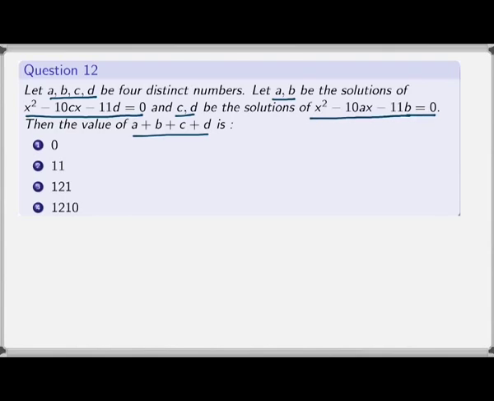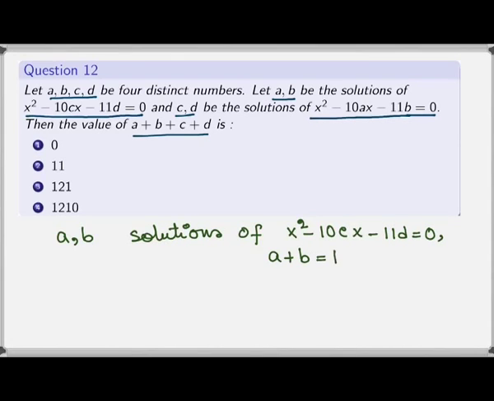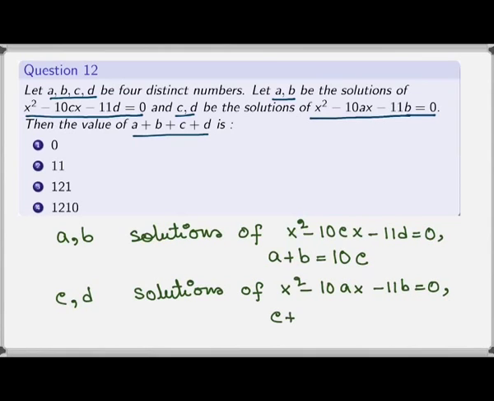Let us do that. Since we know that a, b are the solutions of x square minus 10cx minus 11d is equal to 0, we can write a plus b is equal to 10c, and since c, d are the solutions of x square minus 10ax minus 11b is equal to 0, we can write c plus d is equal to 10a.